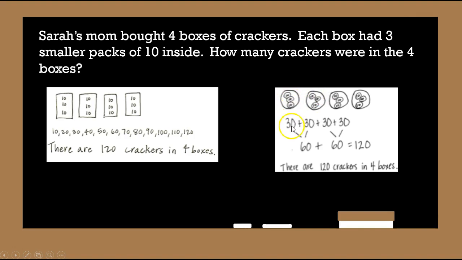So you could go 30 plus 30 plus 30 plus 30. And then you could break this up by saying 30 plus 30 is 60, and this other 30 plus 30 is 60. And then you could add 60 plus 60, which equals 120. So that gives you the answer of there are 120 crackers in 4 boxes.